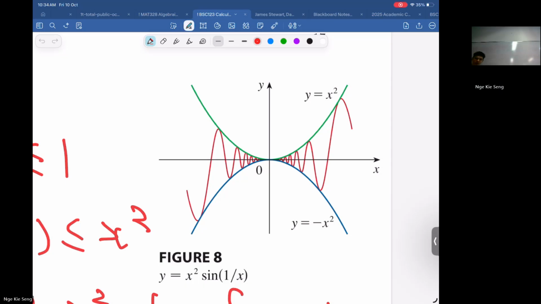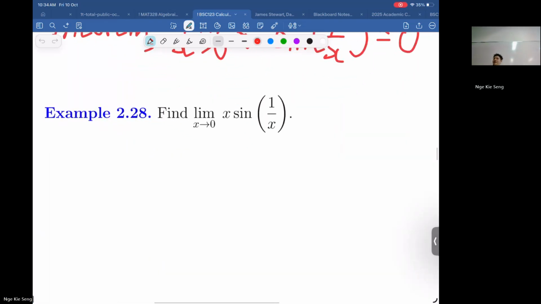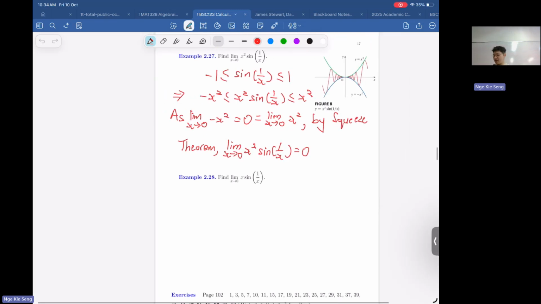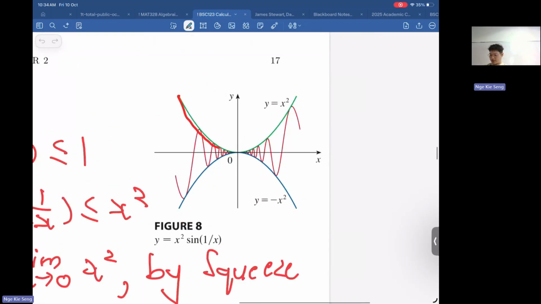So any idea for the next one? Can you recognize that you can use a similar technique? The limit of minus x is what? Also 0. The limit of x is also 0. So in this picture, instead of these x squared functions, what you used to squeeze were these two functions here.